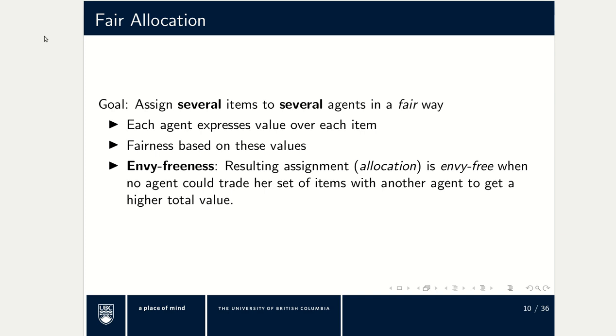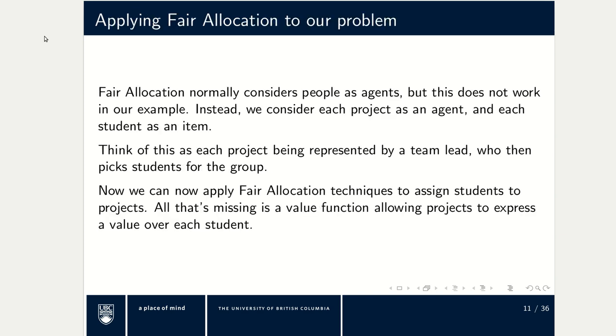Of particular interest to us is envy-freeness, which says that two agents are envy-free with respect to each other if they couldn't switch their items and get a better total value out of that result. And then the whole allocation is envy-free if every agent is envy-free with respect to every other agent.